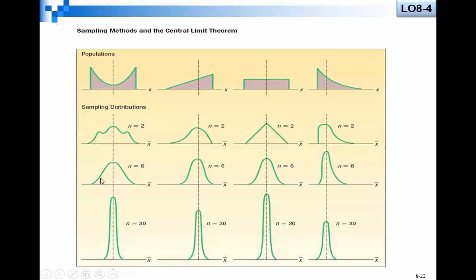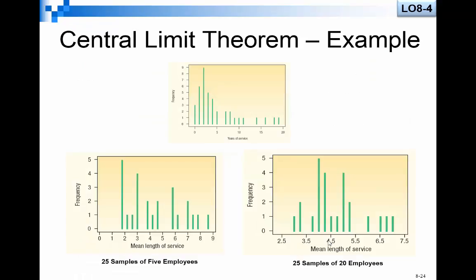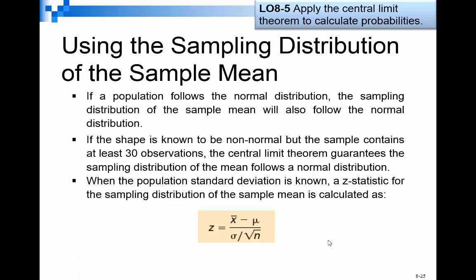If the scores are very far apart from each other, it will be a very wide curve, but nevertheless, it is normal shaped. And as we get to sample sizes of 30, what the central limit theorem tells us is that all of the curves start to look like each other, regardless of what the population scores are. And there are examples that show us that.